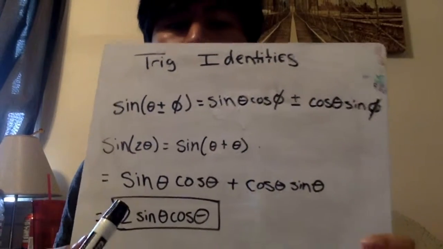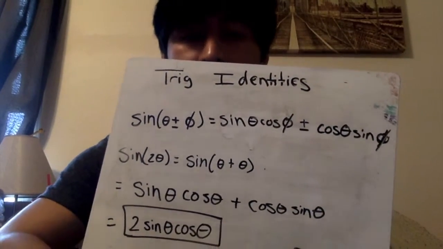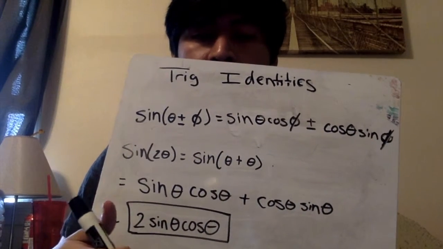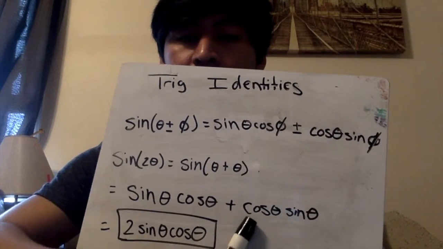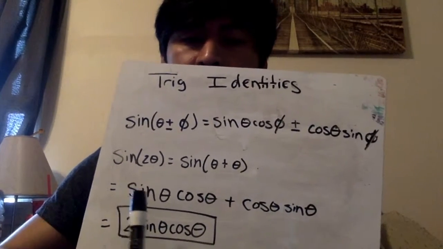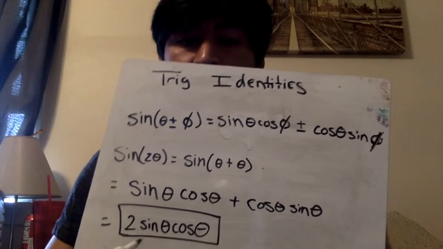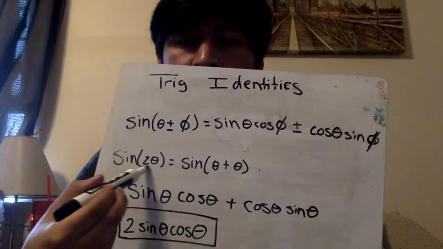So we plug in sine of theta cosine theta plus cosine theta times sine of theta, and we get 2 sine of theta cosine of theta, because if you move this sine over here and move that cosine over there, you get exactly the same thing as you get right here, and thus leading us to this identity right here, which is the sine of 2 theta.